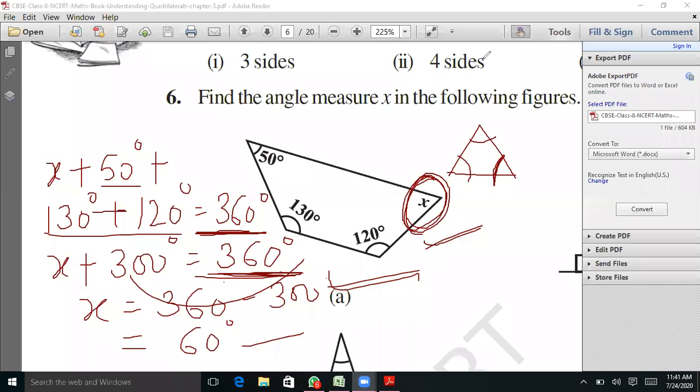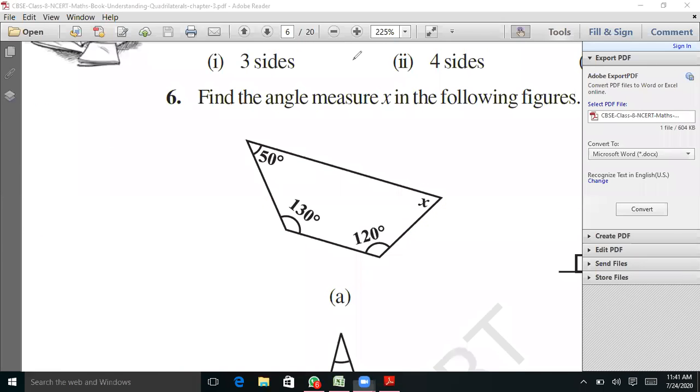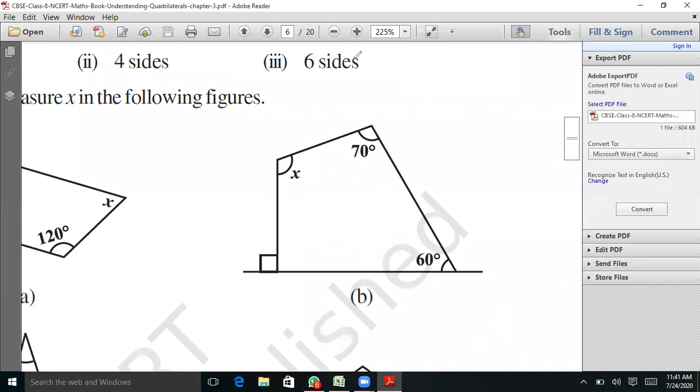Next is the B part. Here also we have been given a quadrilateral, right? So we have to find the value of x. You can see you have been given this angle 70 degrees, this angle 60 degrees. This angle will be 90 because the outside is 90, so inside it should also be 90 degrees because it's a straight line, right?